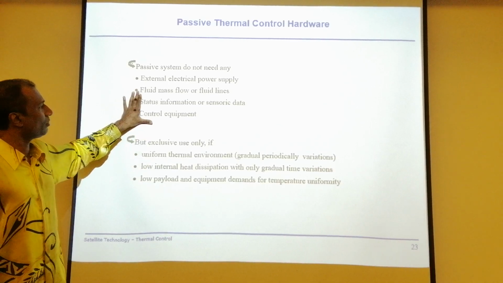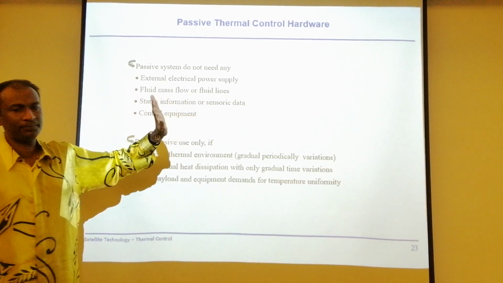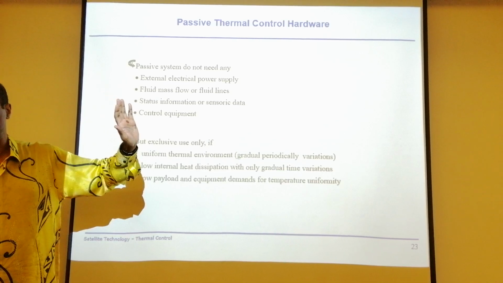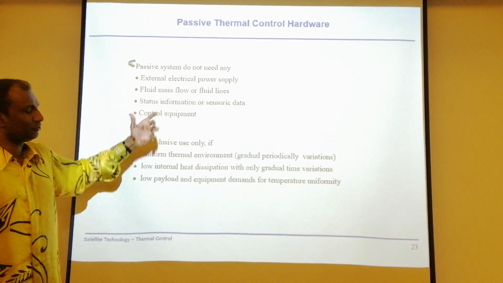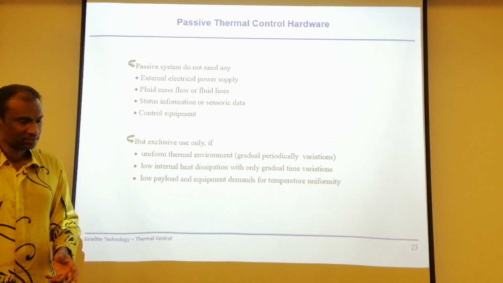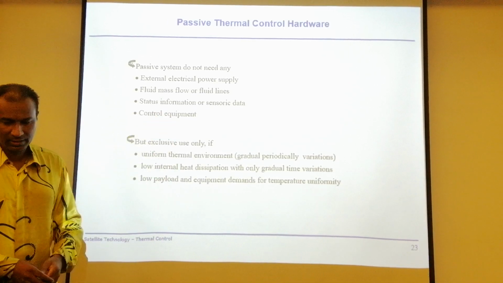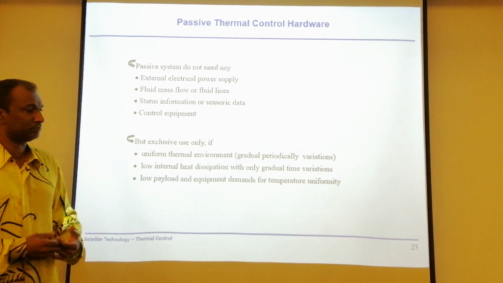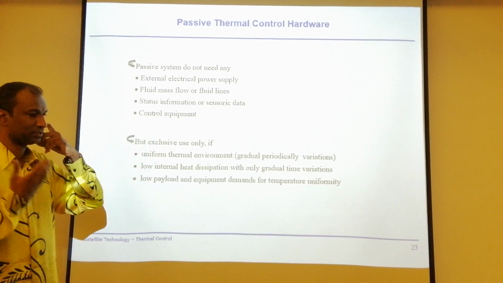So you don't need all this for a passive system. Can you imagine? I don't need to worry about the control system. I don't need electricity. I don't need any thermometers around to constantly monitor the temperature, because it happens naturally.